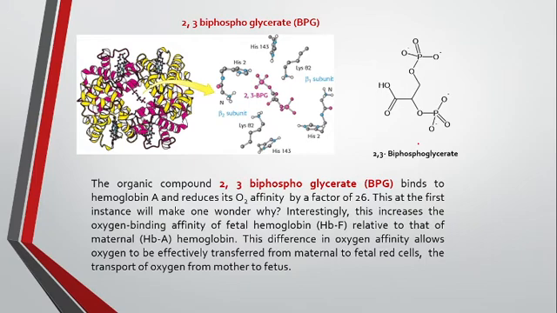Interestingly, this is because of the increased oxygen binding affinity of the fetal hemoglobin, that is hemoglobin F, relative to that of the maternal, that is hemoglobin A. This difference in oxygen affinity allows the oxygen to be effectively transferred from maternal to the fetal red cell. The transfer of oxygen from what? Mother to the fetus, or mother to the baby.